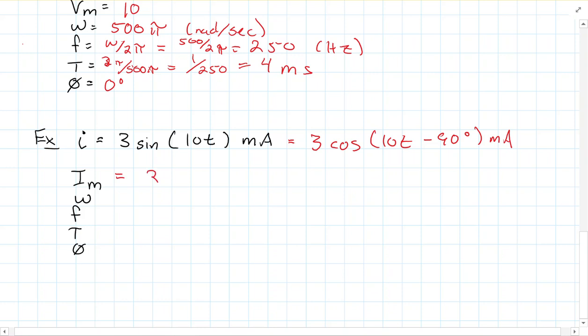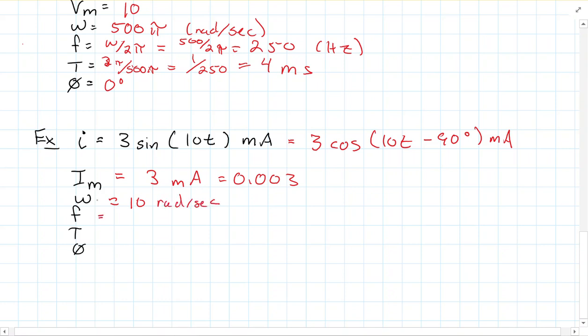Well, I'll go ahead and put units on this, even though, as I said, it's not necessary to always put units, but I definitely want to make sure to capture the milli. So I'll go ahead and just write 3 milliamps down for Im. I mean, technically, I guess you could write this as 0.003, but we prefer engineering notation. Omega this time is simply just 10 radians per second.